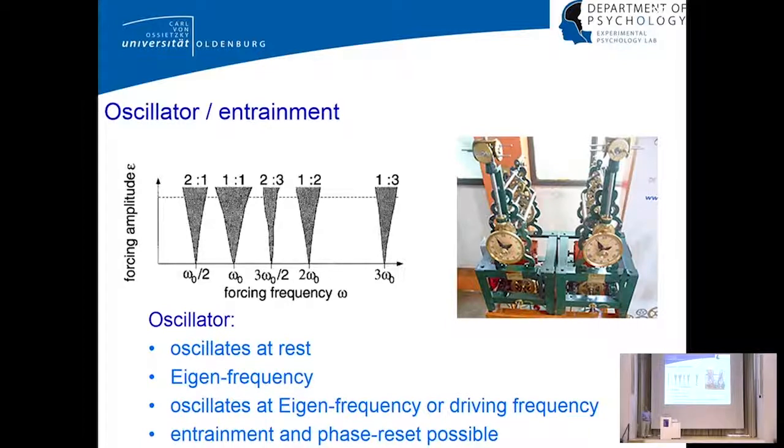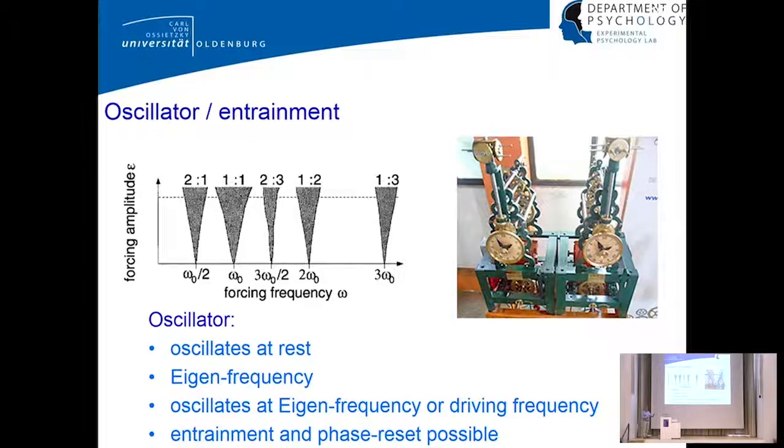And then what we're all after are oscillators. We do have brain oscillations, at least some people still believe that after Jonas' talk, I hope. And the physical model would, for example, be a pendulum clock. These are the pendulum clocks of Christian Huygens, who first demonstrated that there is entrainment. So we're looking for these Arnold tongues. The oscillator does oscillate at rest.